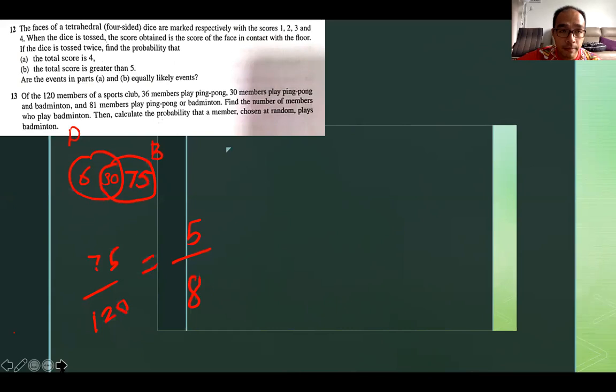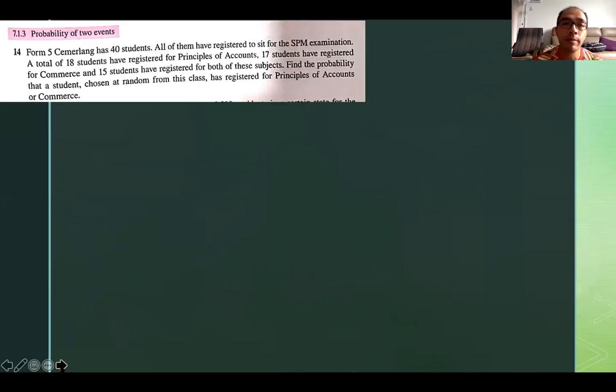All right. Okay, let's talk about probability of two events. If you take a look at your textbook on page 170, as I mentioned just now, there are two ways to find the probability of two events. One is if both events happen at the same time.